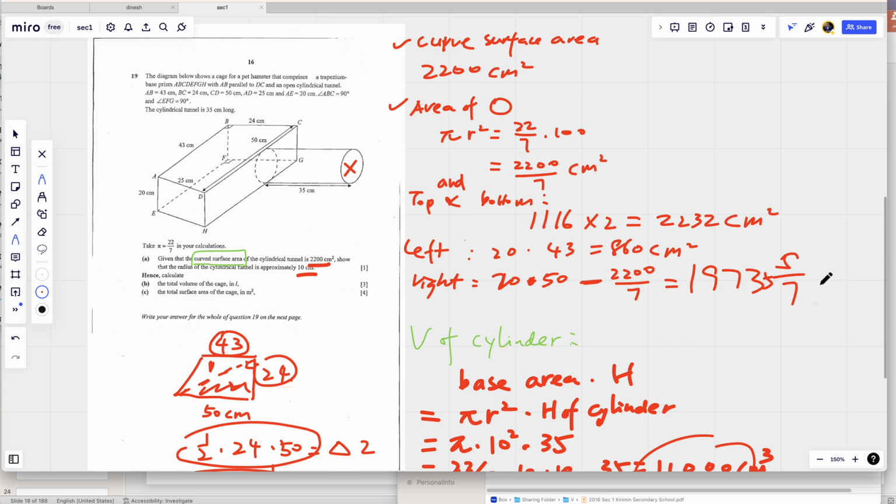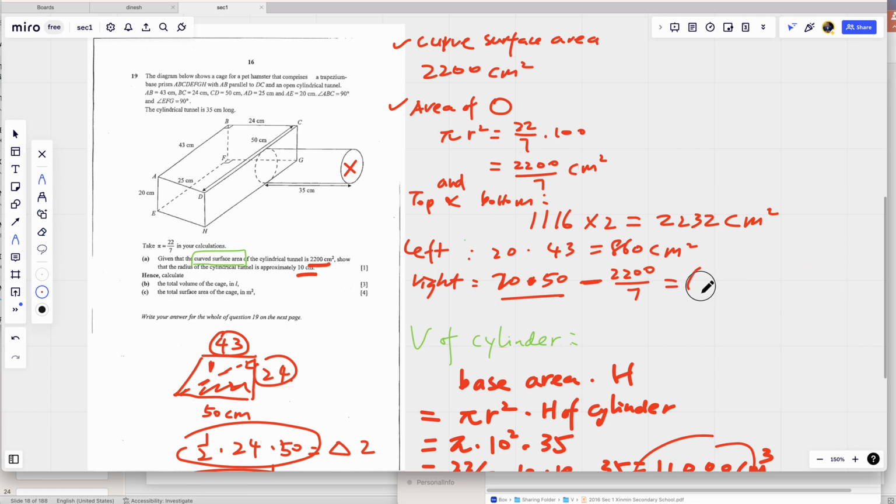So it's 1973555/7. How can it be? This is 1000 only. So you calculated wrongly, no? 20 times 50 minus 2200/7. 20 times 50 is 1000. How can your answer be bigger than 1000? 685. You see? Pressed wrongly.